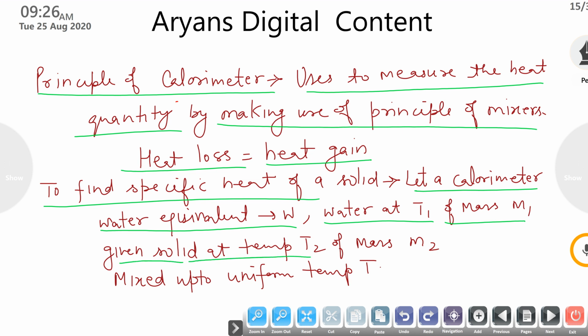Then the solid, if there is any solid which has temperature T2 and its mass is M2, then after mixing, the higher temperature object will lose some energy and the lower temperature object will gain some energy, and after that the temperature will become uniform, and that is supposed to be T.